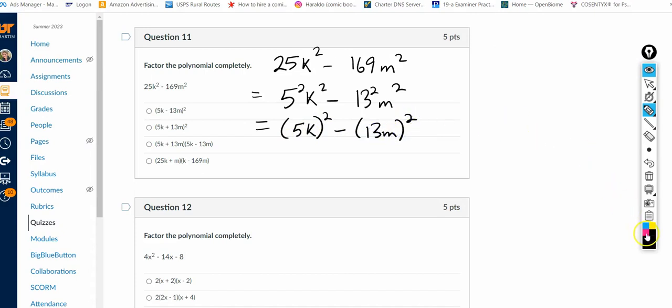Now, the other trick is remembering the formula for a difference of squares. And not to get your powers mixed up. So only what's inside the parentheses is going to be used.